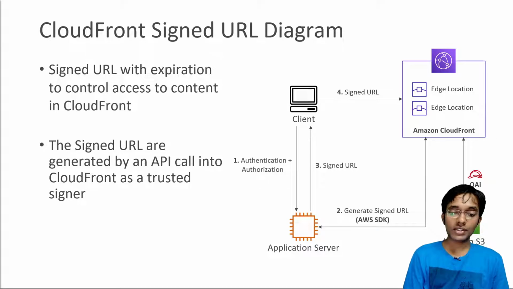Then the application server is going to use the AWS SDK to generate a signed URL for our CloudFront distribution, and then return that URL to our client. And now our client has a URL with a specific expiration, and the client can access our CloudFront distribution using this signed URL, just as simple as that.